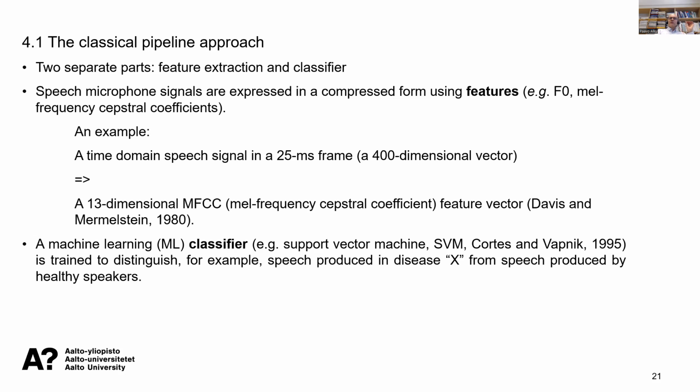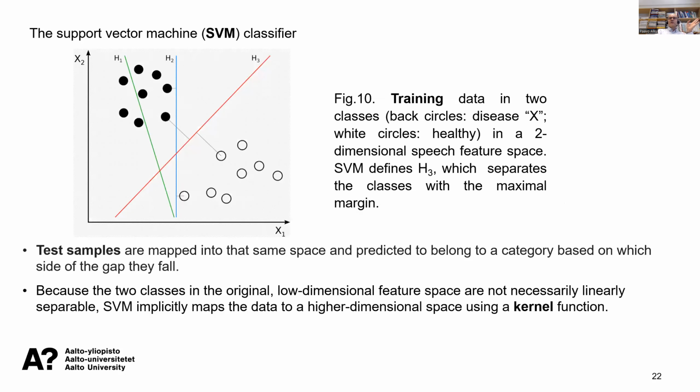And what kind of classifiers are used? So I just like to very shortly explain one of the most effective classifiers which has been used in this domain, and that's called SVM, support vector machine. The idea of the SVM classifier, if I want to explain that very shortly, is that let's assume that we have 8 speech samples, for instance, vowels, which have been produced by some pathology, whatever that pathology is.